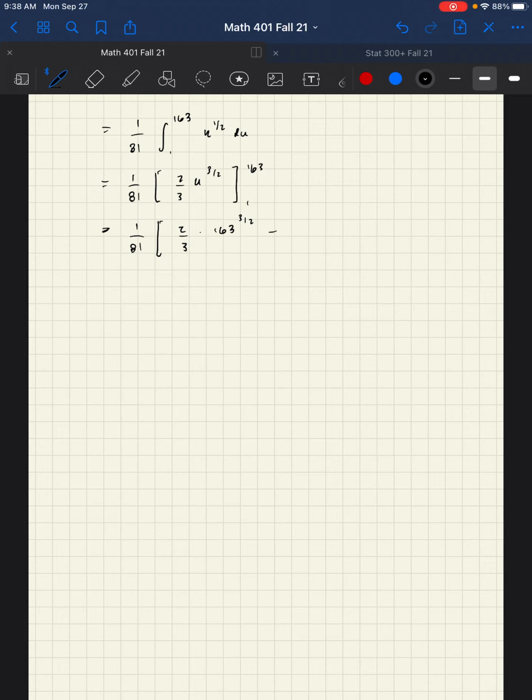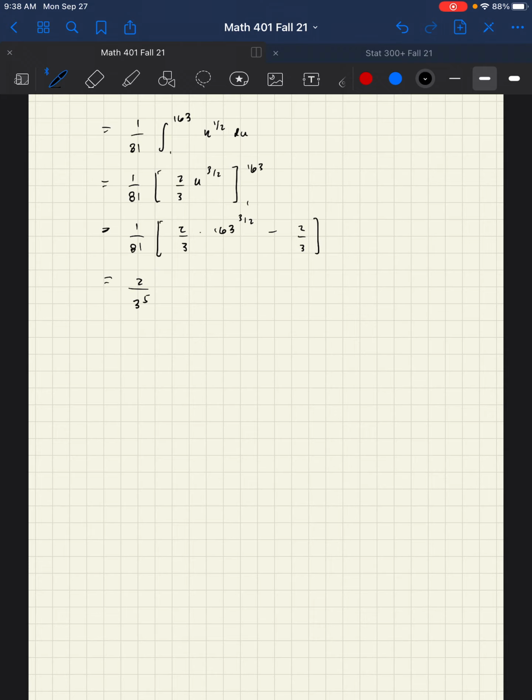So we get 1 over 81 times 2/3 times 163 to the 3 halves minus, and then if you plug 1 into that, you just get 2/3. So you can go ahead and pull out the 2/3 there.